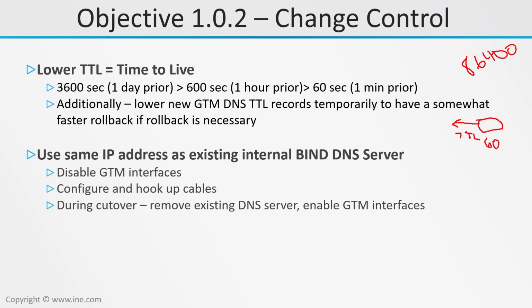So if you needed to roll back to your other platform and send new DNS queries, the clients over here would be able to request that data and not use what's in their existing cache functions.